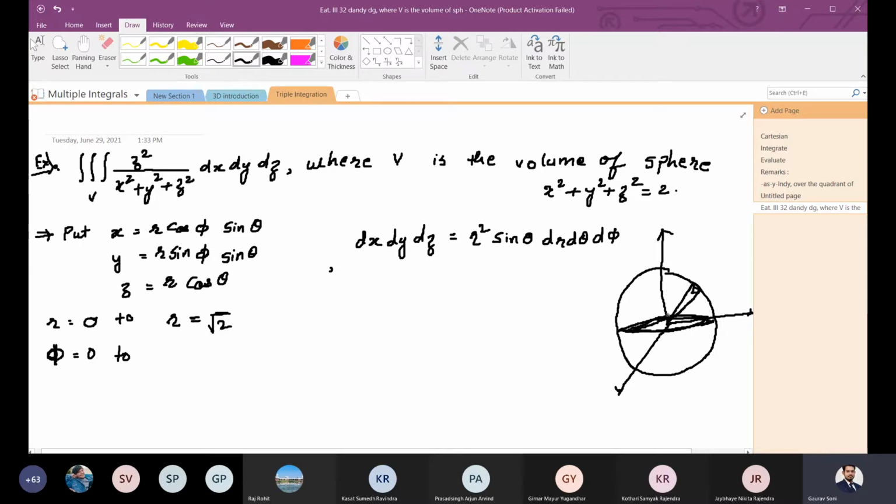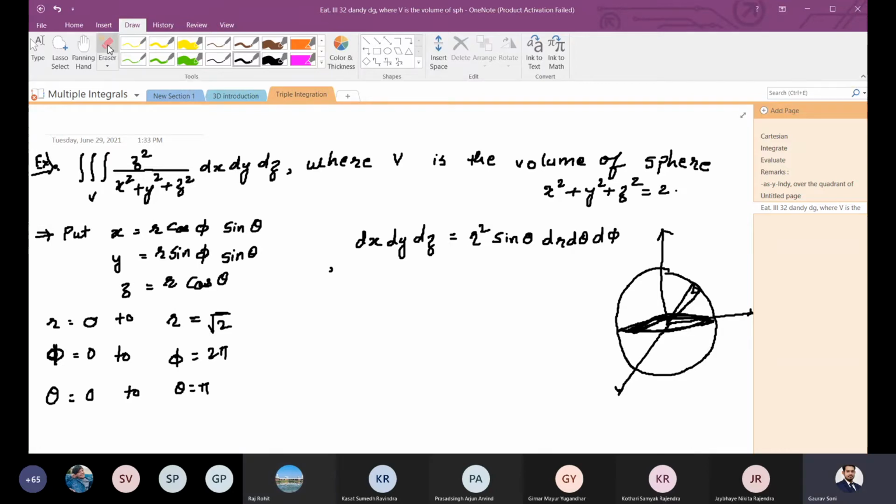What is the maximum angle the pillar will make on the xy plane? 2 pi. So phi is running from 0 to 2 pi. And the third one, theta, is 0 to pi. This is correct.